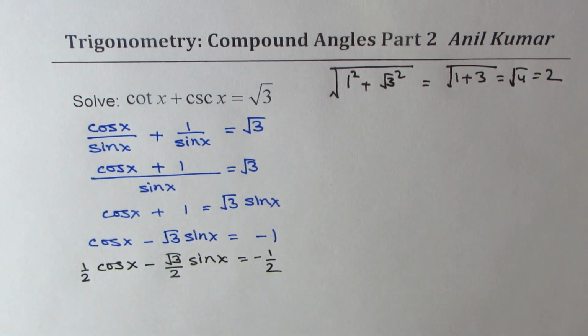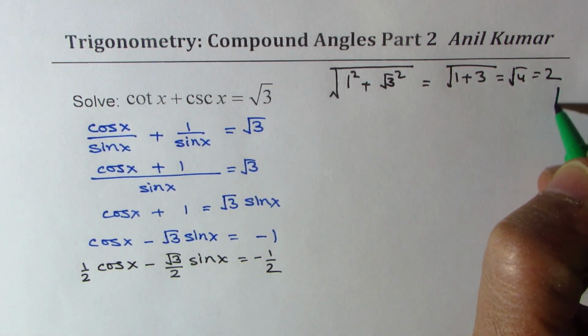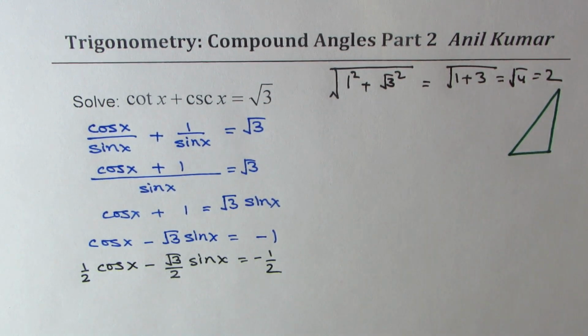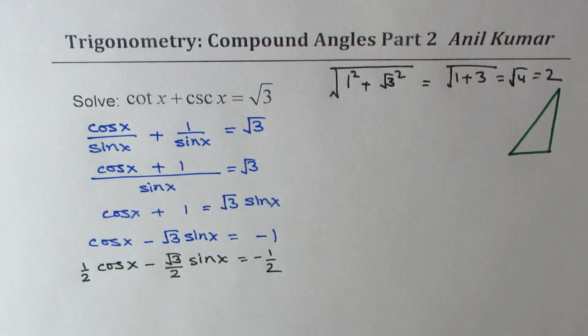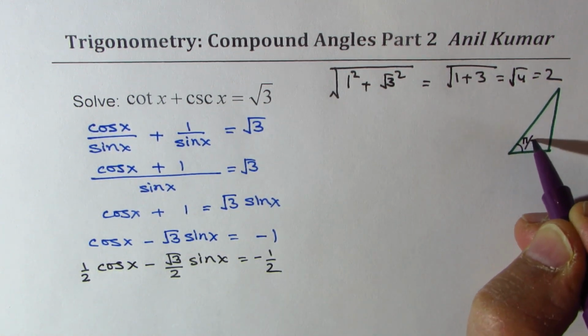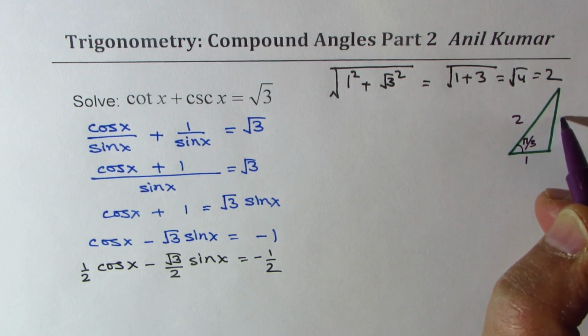Now this is a very critical step to write it in cos a plus b form, right? So half. So we are now reminded of our special triangle, which is the pi by 3, pi by 6, pi by 2 triangle. So in this triangle, this angle is pi by 3, the sides are 1, 2 and square root of 3.